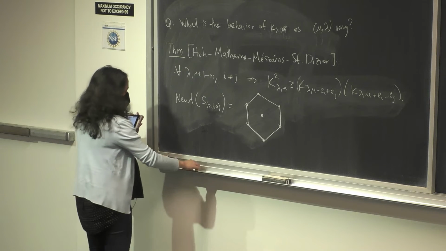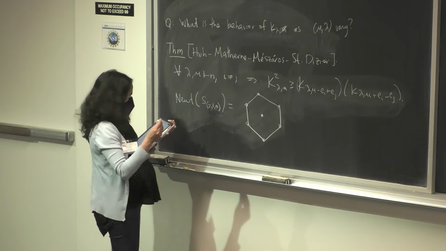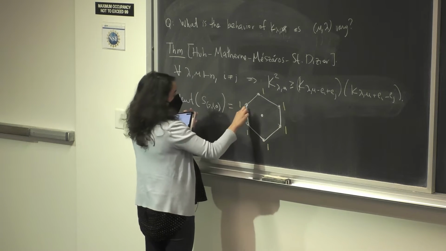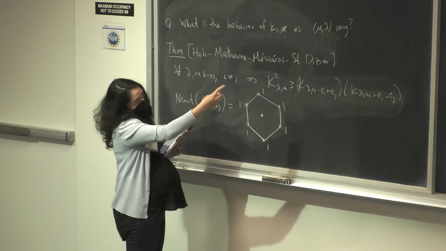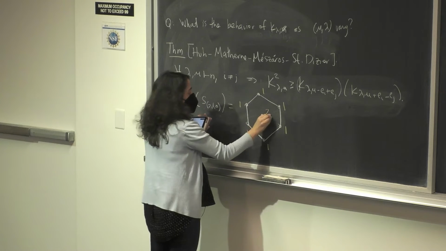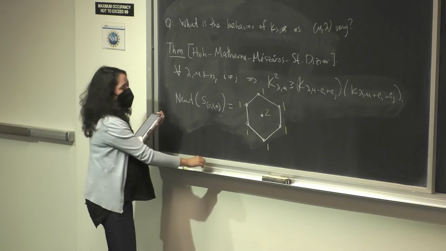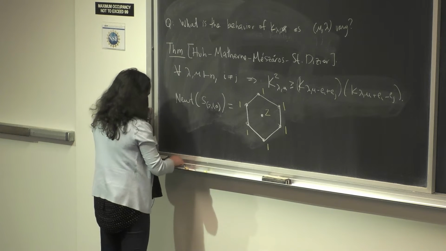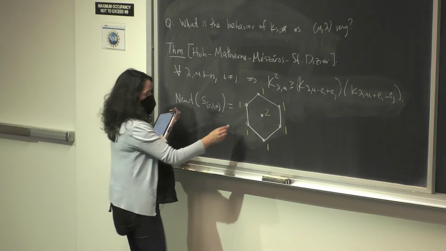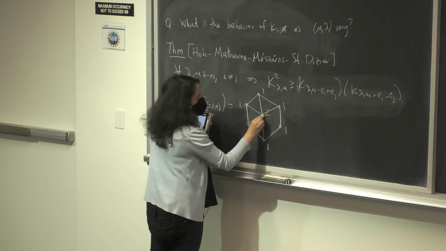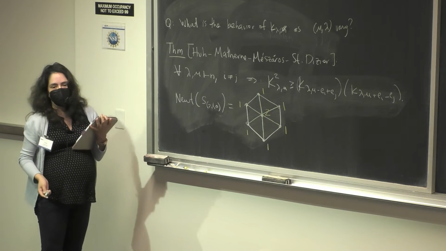And so what they're telling you is, if I decorate this with the coefficients, each of these lattice points corresponds to a monomial in my Schur polynomial, so I can decorate it with the coefficient that accompanies that monomial. Then what they're telling you is that as you go along these lines, these three special directions, you're going to have log concavity.